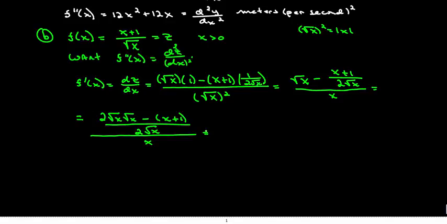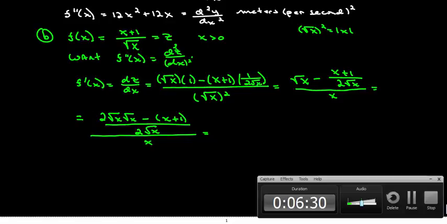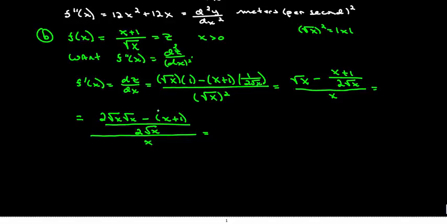Now the square root of x times the square root of x is just x, and it will be the absolute value of x, but we don't have to worry about that, minus this guy, so minus x minus 1 over 2 square roots of x.